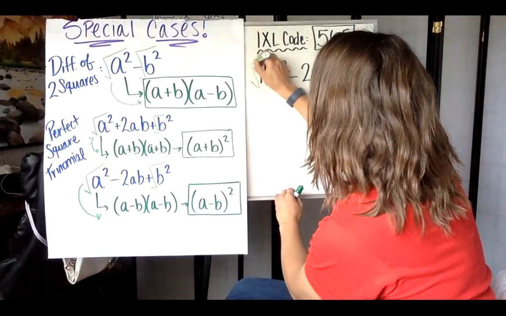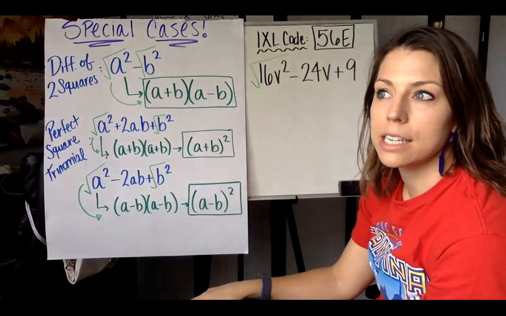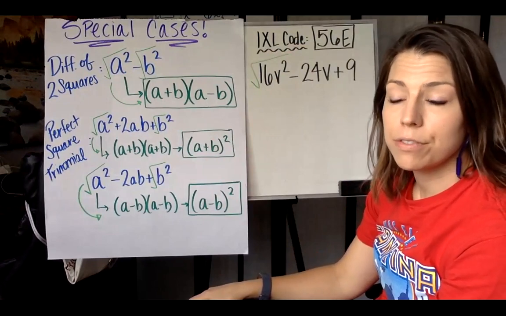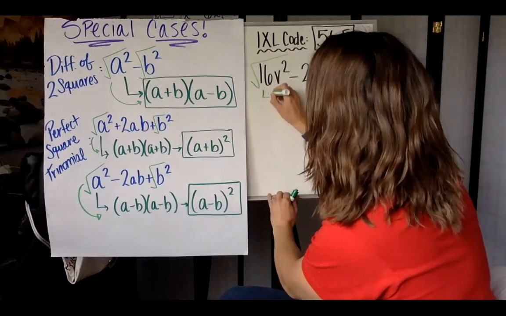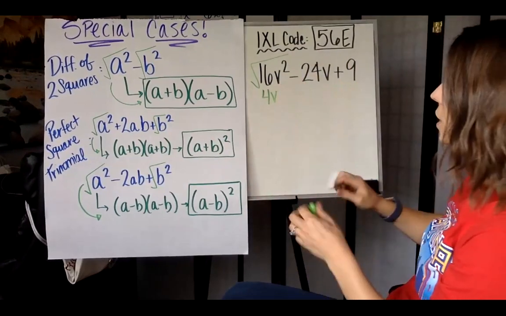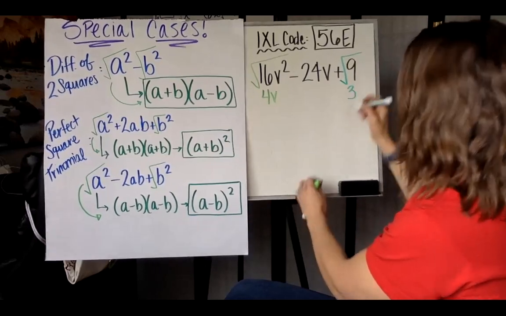So what is the square root of 16v squared? So what times what is 16? That's 4 times 4. And what times what is v squared? V times v. So the square root here is 4v. Now I take the square root of the last term. What's the square root of 9? We know that to be 3.